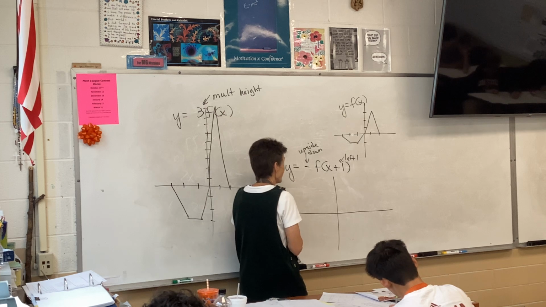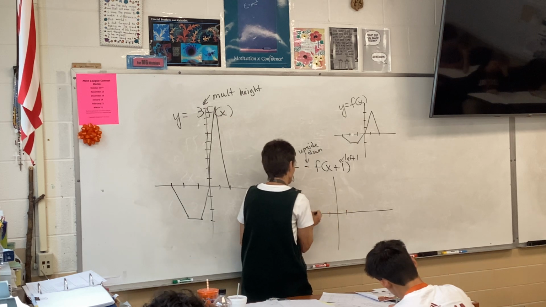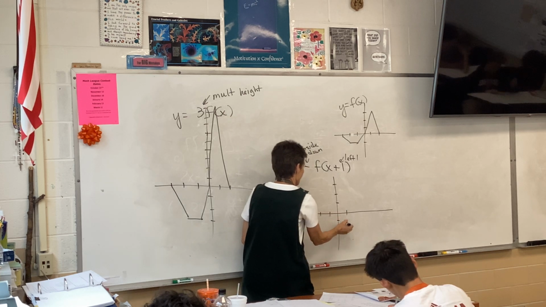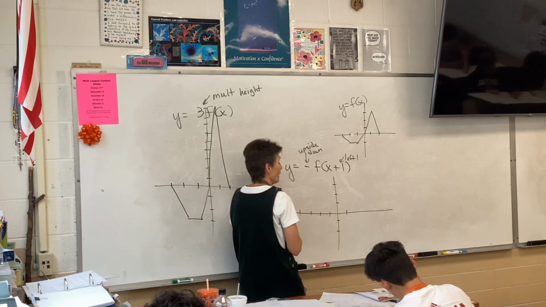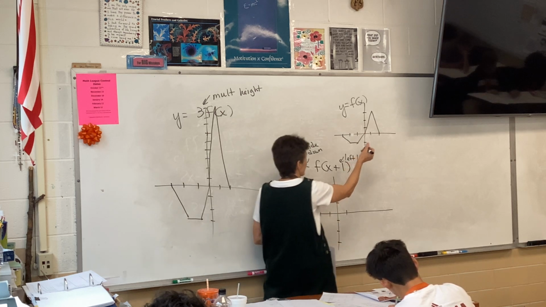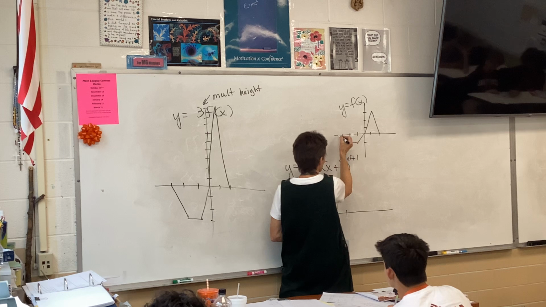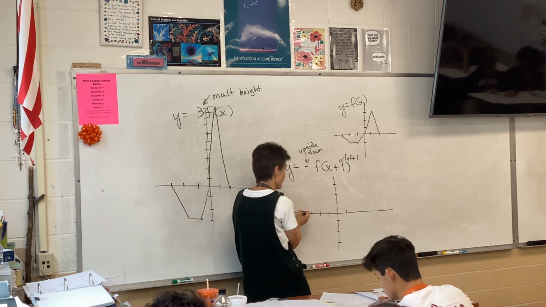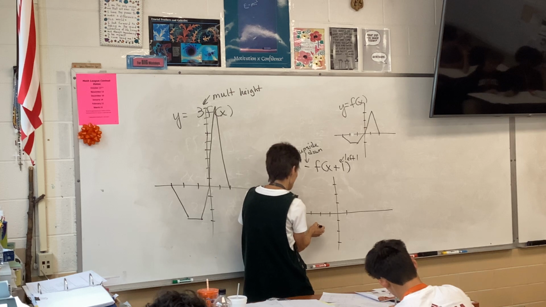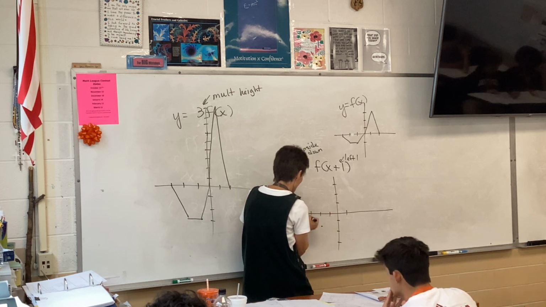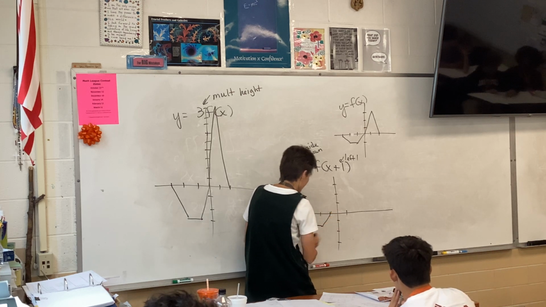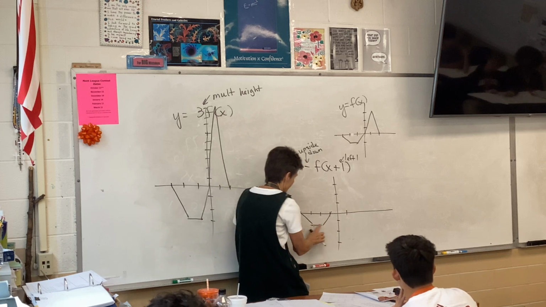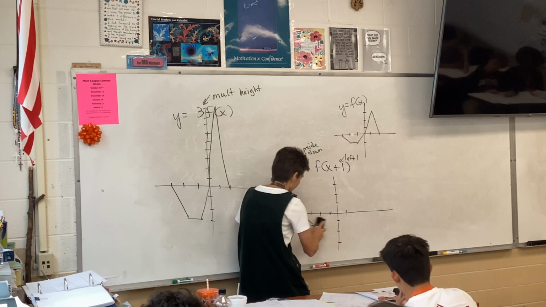If I took it left 1 first, left 1 would mean that instead of being 1, 2, 3, I would be over here at negative 4. And my trapezoid is down. So it would look like that.